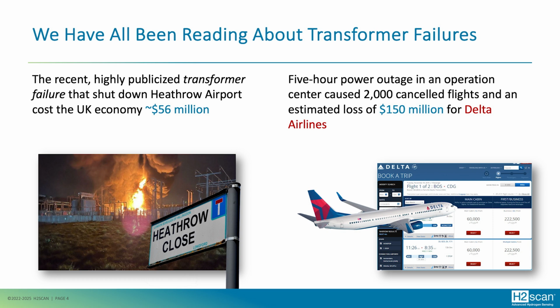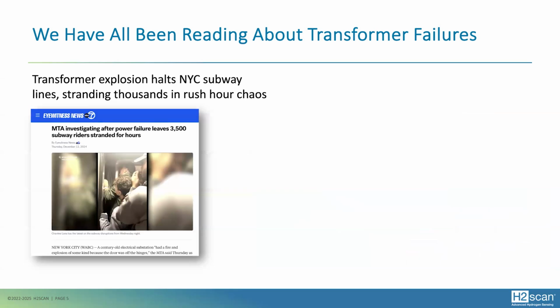But they're not alone. Delta had a 5-hour power outage in an operations center that cost them 2,000 cancelled flights and about $150 million loss in revenue. And if you take rail, if you operate a rail system, they're the hardest hit, in my opinion, because not a month goes by without us reading about commuters being significantly inconvenienced.